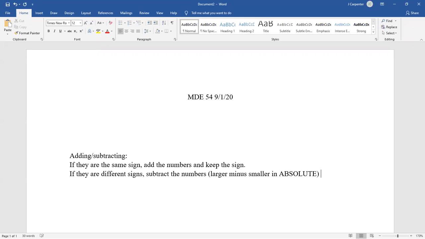So remember I just said that a number is bigger if it lies to the right on the number line? I'm saying even with the signs that you see, just think of them in absolute value. So if you saw a -7 and a 5, then you'd want to subtract 7 minus 5. You just ignore the original signs that you see because you're going to keep the sign of the bigger number. And I say bigger because, again, I'm talking in absolutes.